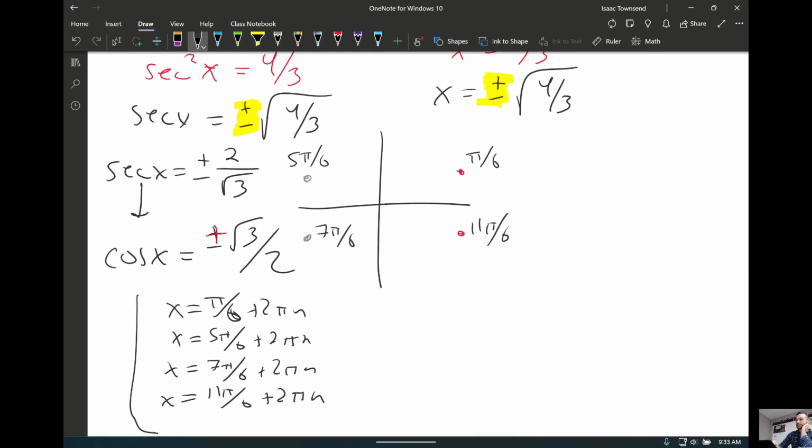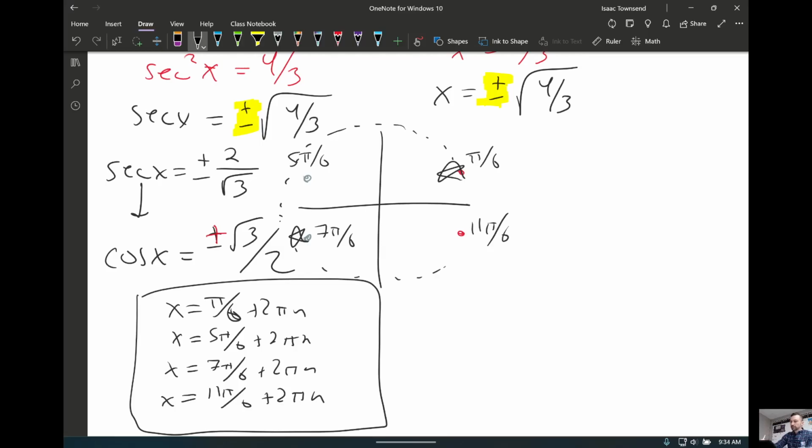And technically that is correct. And I would give you full points on that. But I suspect when you check in the back of the book, it's probably not going to have all 4 answers written there. Because these two are equally spaced, they probably combine these into one statement.